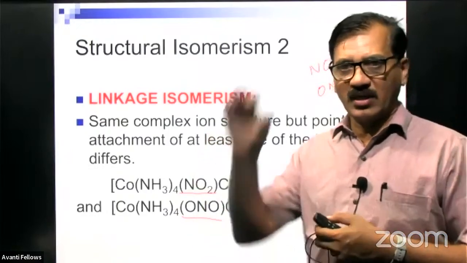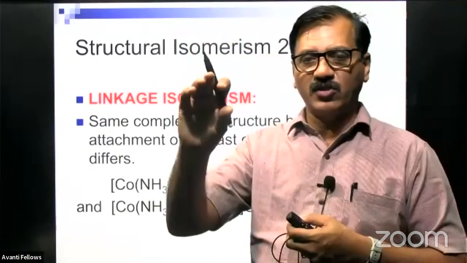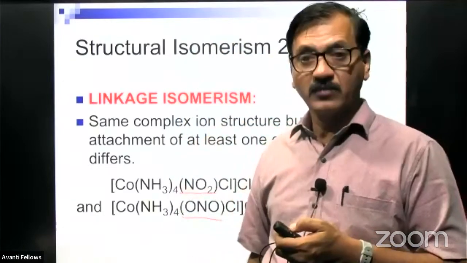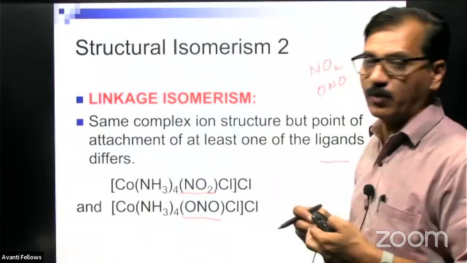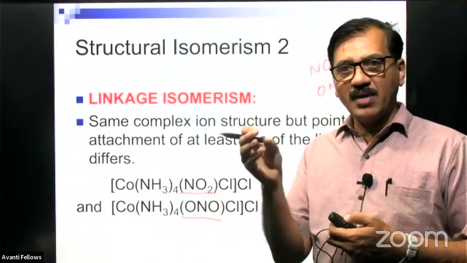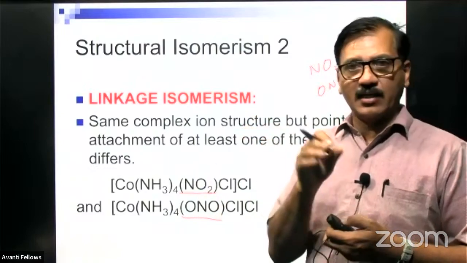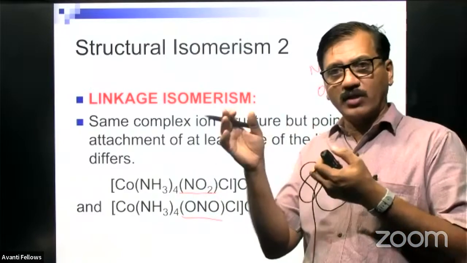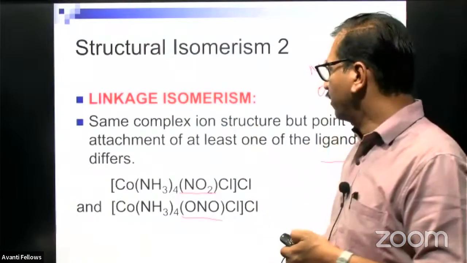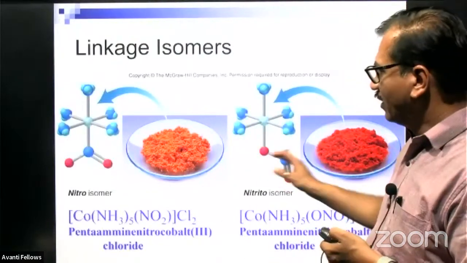Among structural isomers, there are ionization isomers and linkage isomers. Both have different kinds of bonds. In the previous case, bromine may be attached to the central atom, or it may be attached to the counter ion itself, ionic bonding it may do. So this is the linkage isomer.